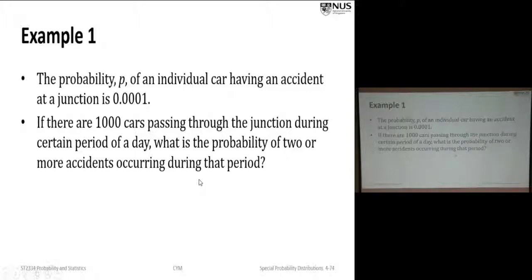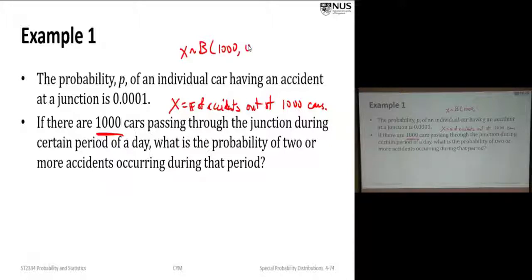Now, x is the number of accidents, or number of cars involved in accidents out of 1,000 cars. So x basically follows a binomial distribution with n equal to 1,000 and p equal to 0.001. So what we are asked here is the probability of 2 or more.